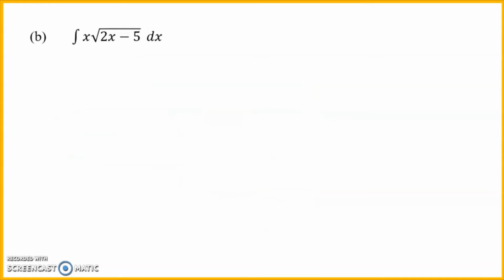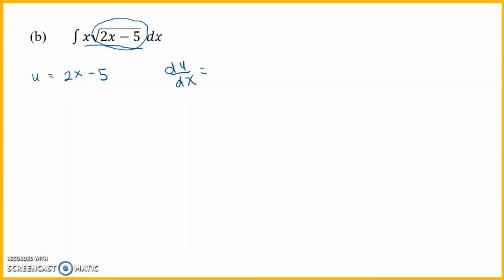Next example, to integrate this problem, we couldn't solve this part. So what we do is a substitution. We substitute 2x minus 5 equal to u. Then we find du dx.